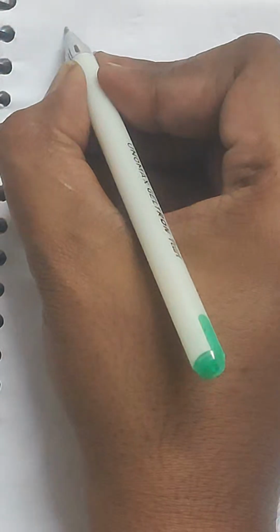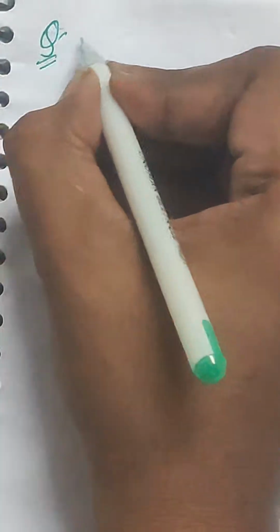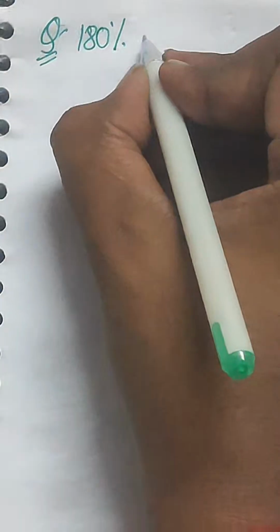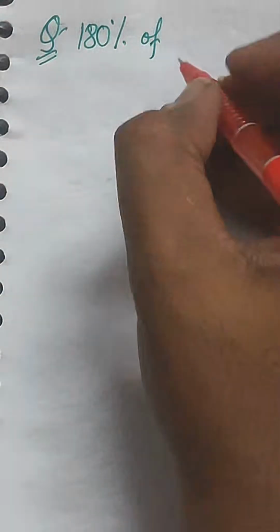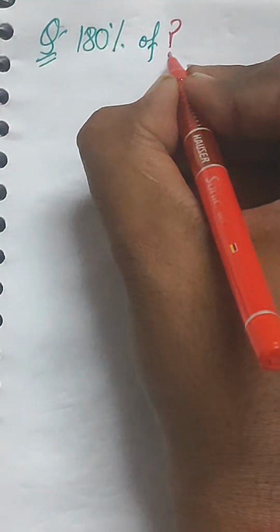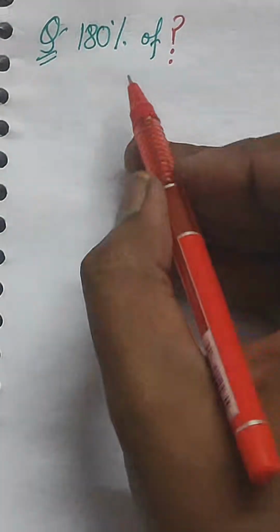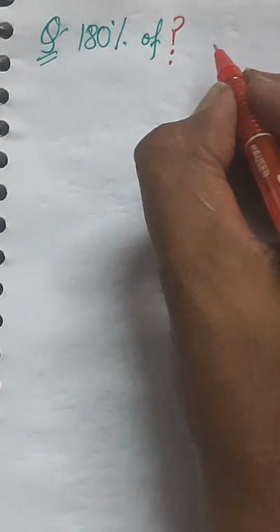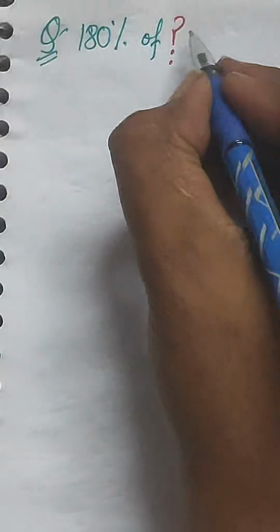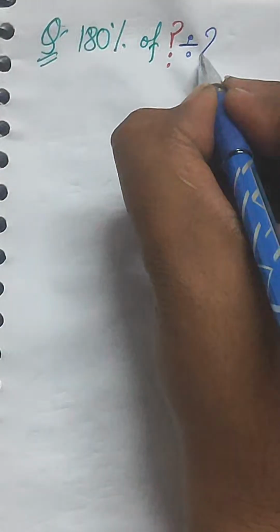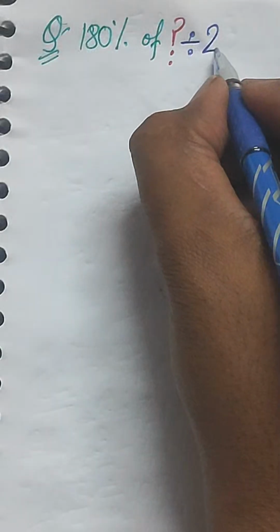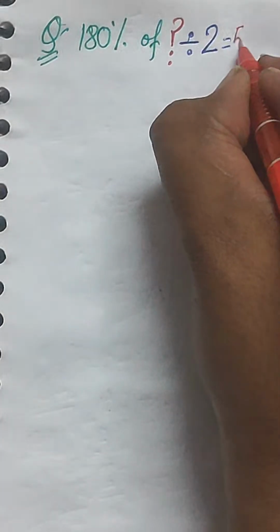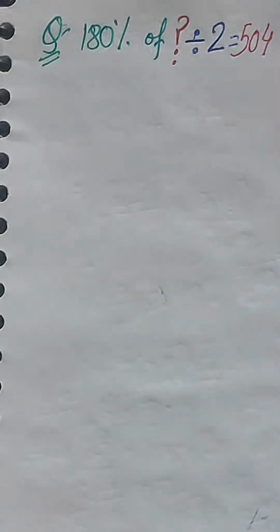The question is: 180% of what, divided by 2, will give you the figure 504. 180% of what needs to be calculated, and this is further divided by 2, giving 504. This is the question to us.